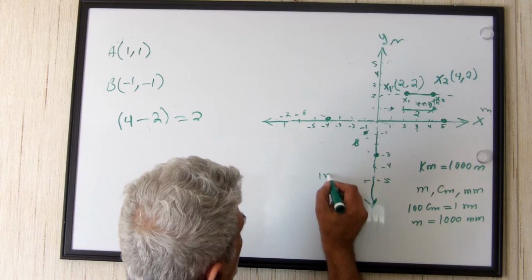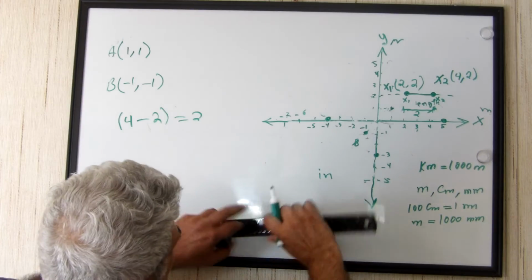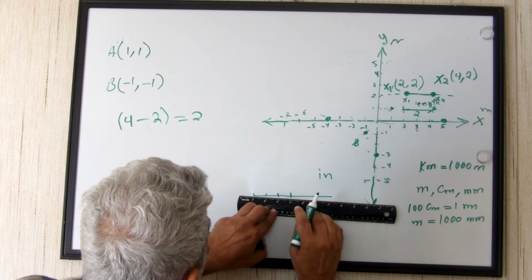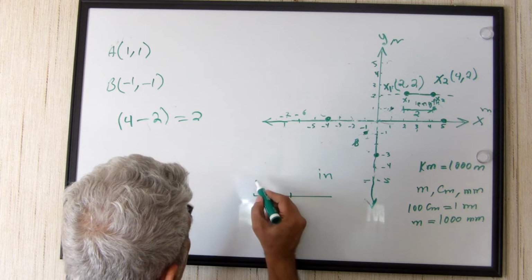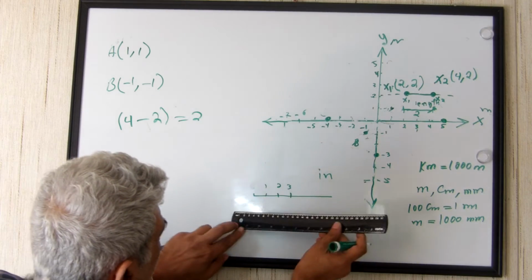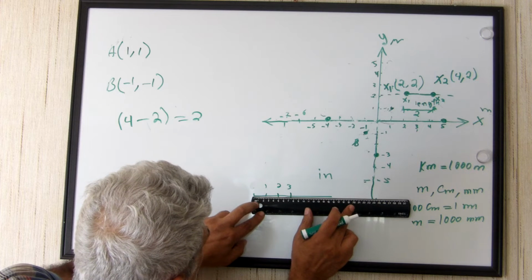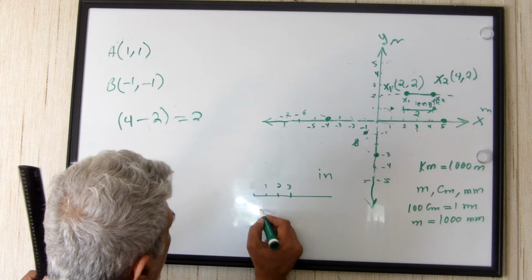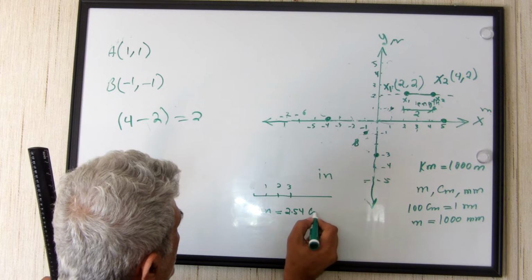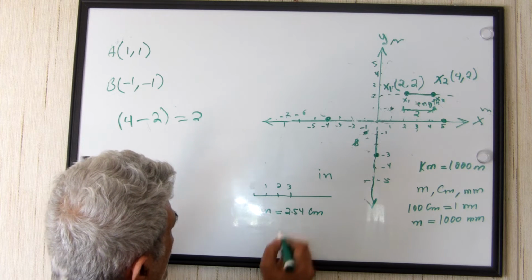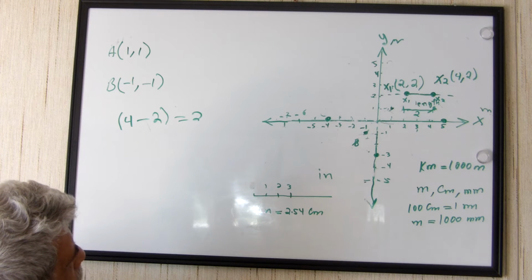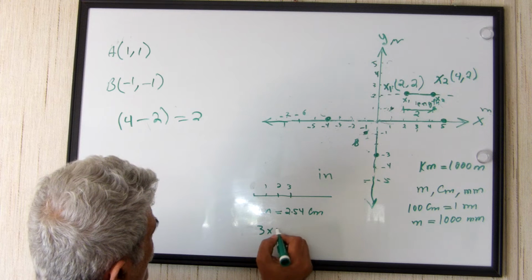Here we have inches, 1, 2, 3 inches. If you want to see how many centimeters that is, it's about 7 something, because each inch is equal to 2.54 centimeters. So 3 of them is 3 times 2.54.